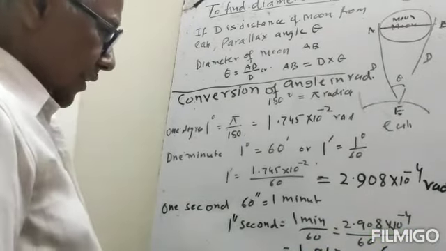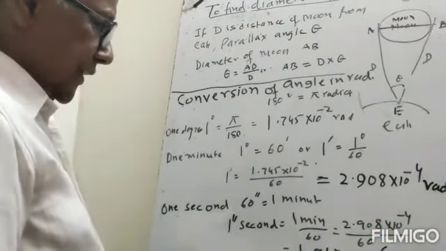So it is equal to 4.847 into 10 raised to minus 6, or generally it is taken as 4.85 into 10 raised to power minus 6 radian. So in this way we can convert degree, minute and second into radian, because they are used for the calculation of the distance of the sun from the earth and the diameter of the earth.